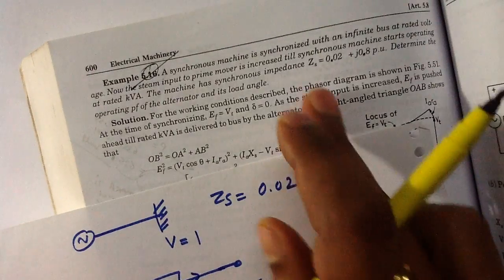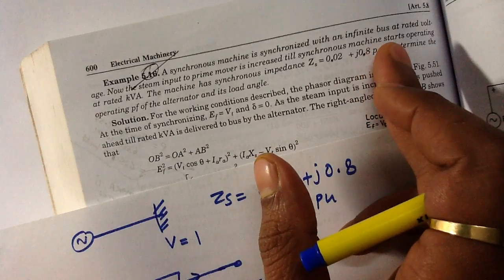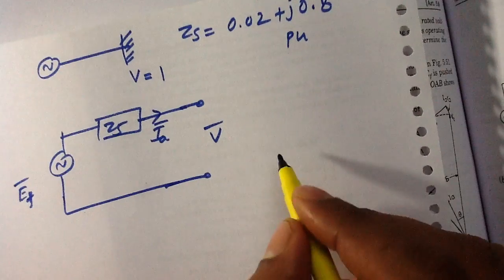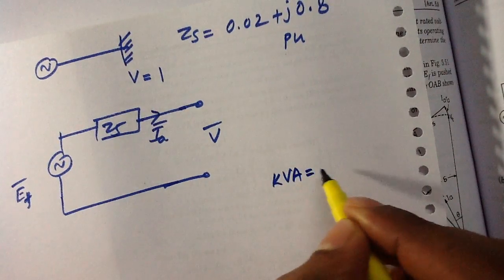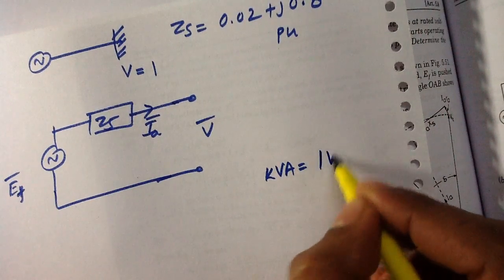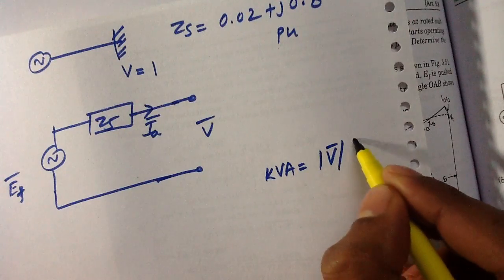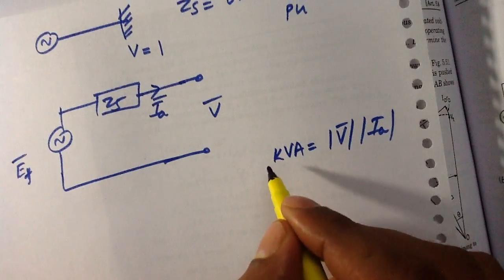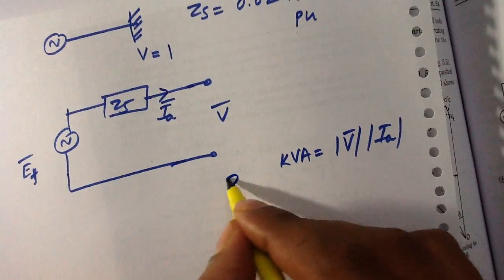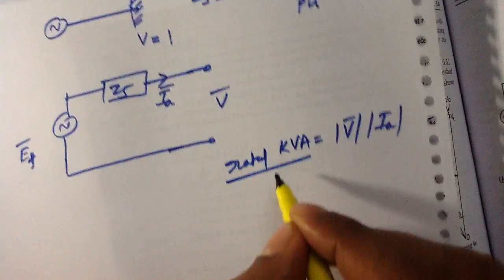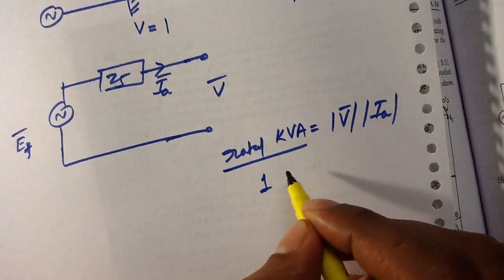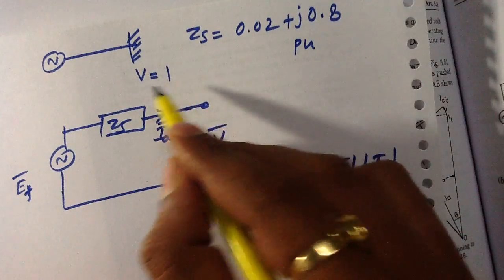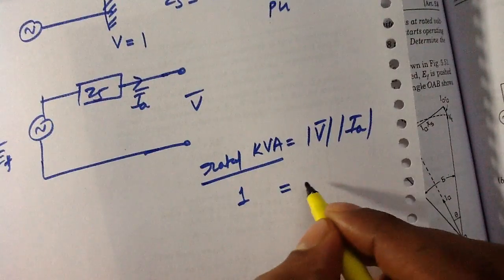It is written in the question that the machine starts operating at rated kVA. The kVA of the machine is defined in this way: the magnitude of the terminal voltage times the magnitude of the armature current. Rated kVA means 1 per unit, and the magnitude of the terminal voltage is given as 1 per unit.